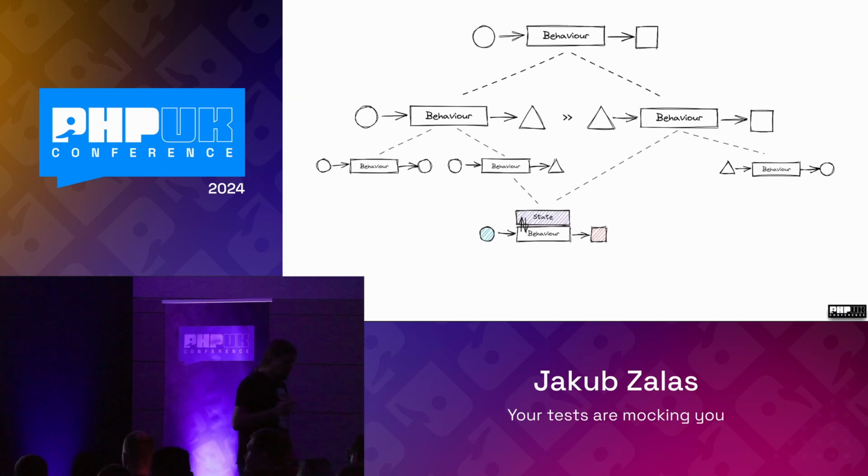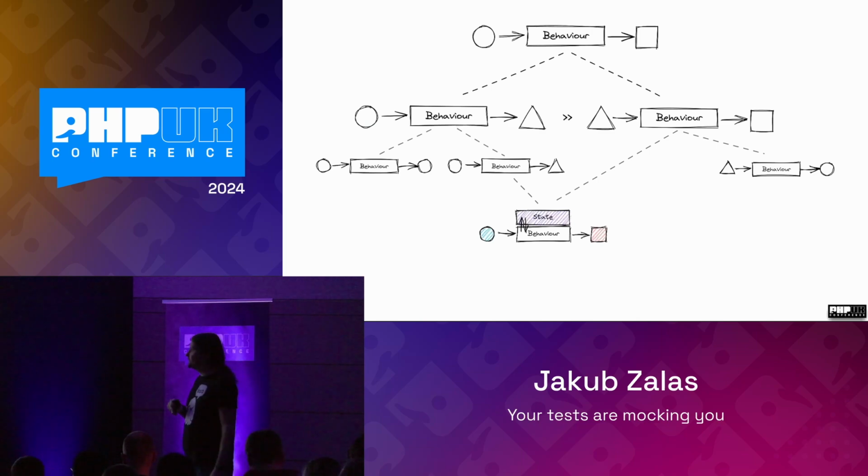So if all of those functions, behaviors we have in the application were pure, so they would have no side effects, they would talk no to the database, no to the file system, and all those other external world services, then it wouldn't matter on which level we are actually testing it. We would be free to choose.